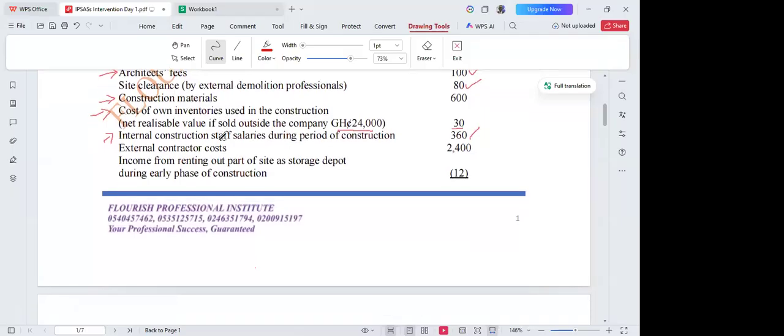Okay. Next one, external contractor costs. Yeah, Chrissy, your hand is up. You will consider it. Why? Because they are the ones building. The external contractors are the ones who are starting.